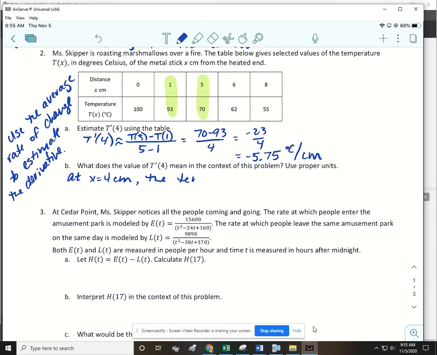The temperature, and this time the rate of change is negative, so this temperature should be decreasing at a rate of 5.75 degrees Celsius per centimeter.